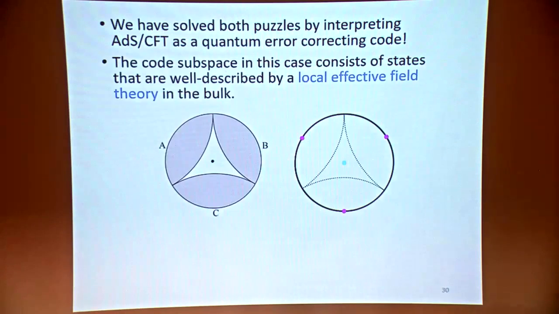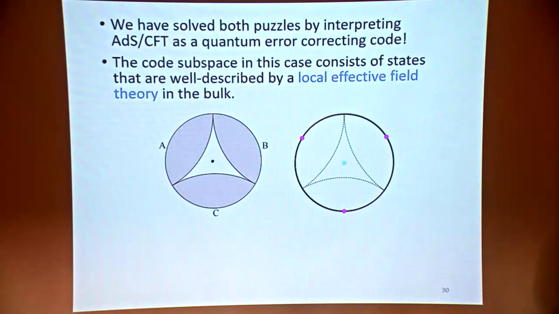In particular, you can ask what's the code subspace in the AdS/CFT context. In this case, it consists of all states that are well described by low energy effective field theory in the bulk. Those are the states which we are normally interested in.